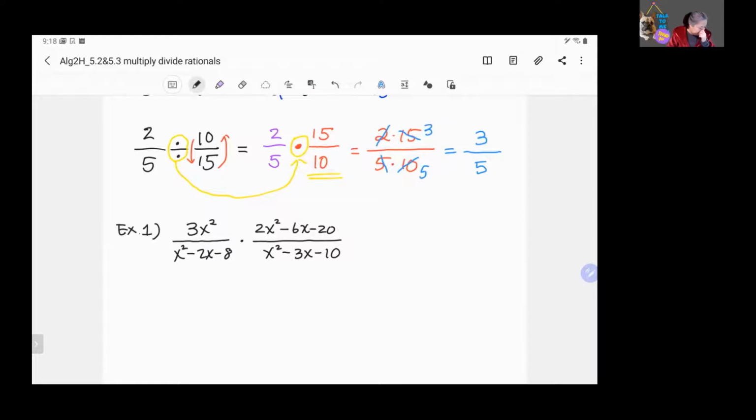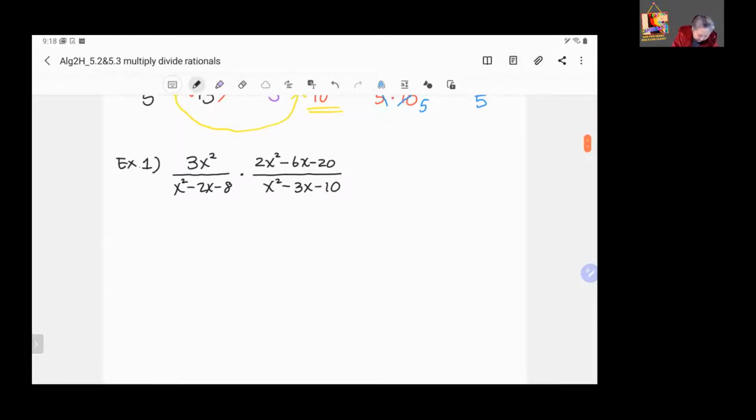So then let's go over factoring each side first. Then 3x squared is not further factorable, so I will write it down. Then the denominator of the first rational expression, x squared minus 2x minus 8, I can factor that.